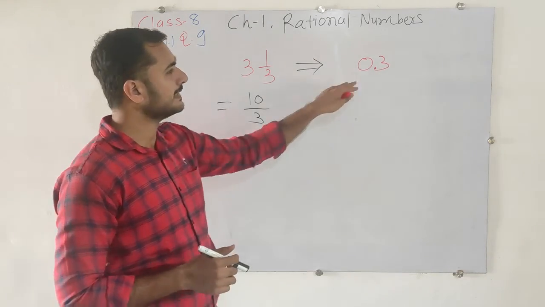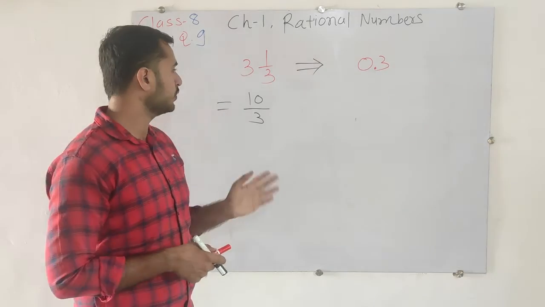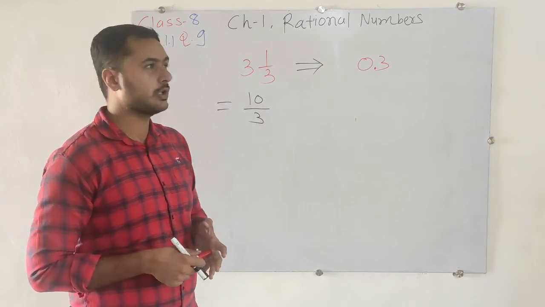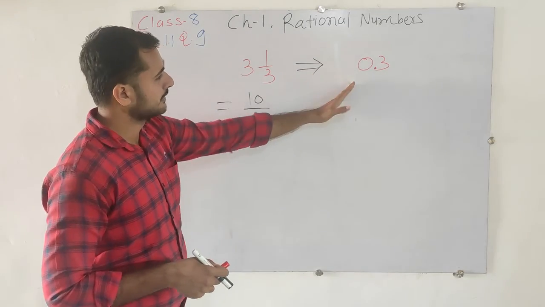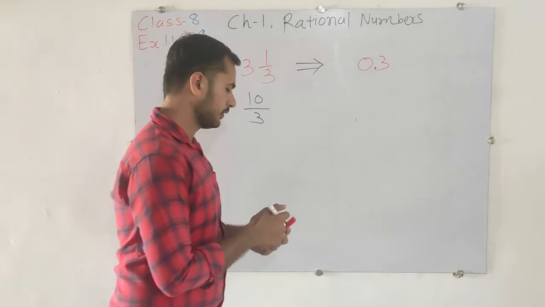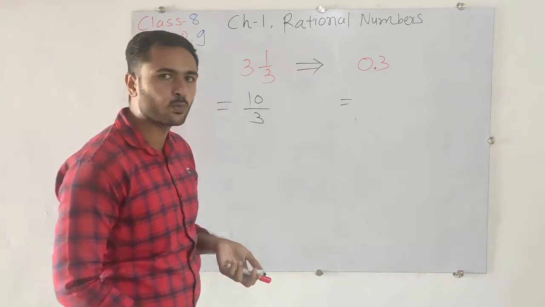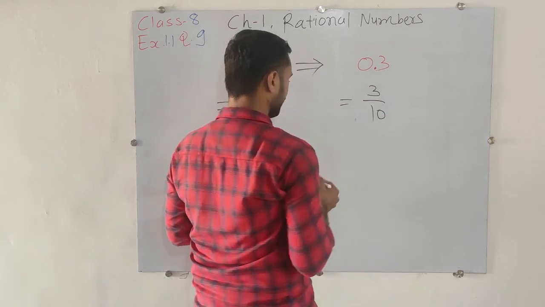Now here is 0.3. It's very difficult to say whether 0.3 is the multiplicative inverse of 10 by 3, because it doesn't look like it. So I need to simplify 0.3 also. If I remove the decimal point, I can write the number in the form of 3 by 10.